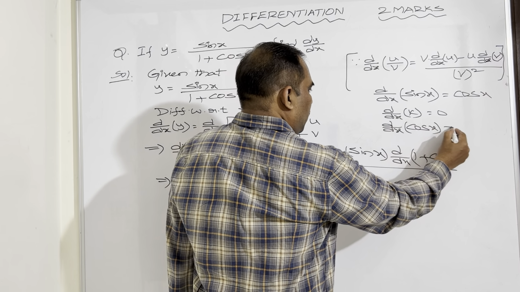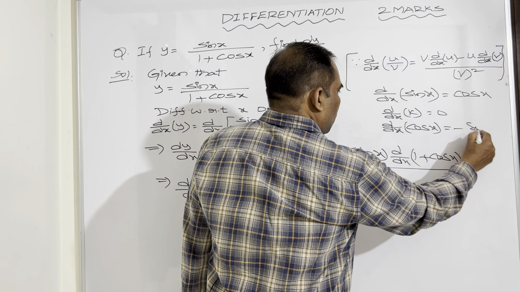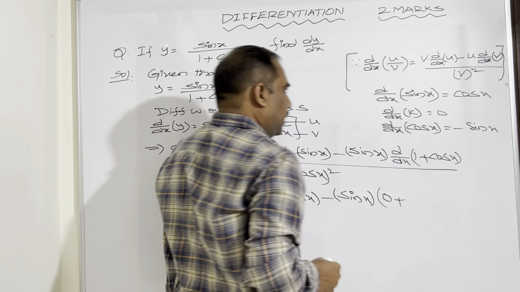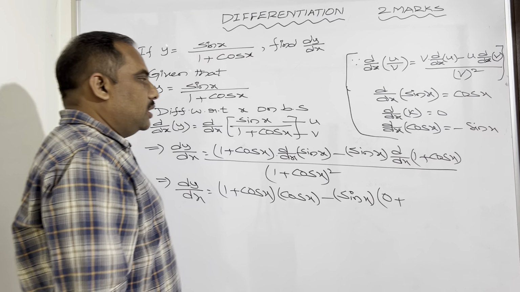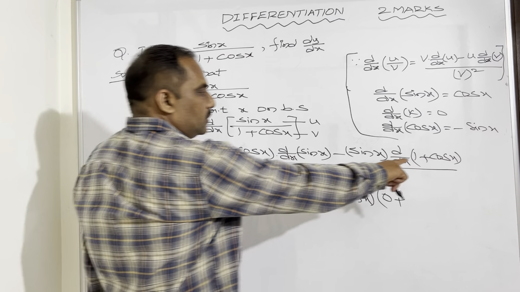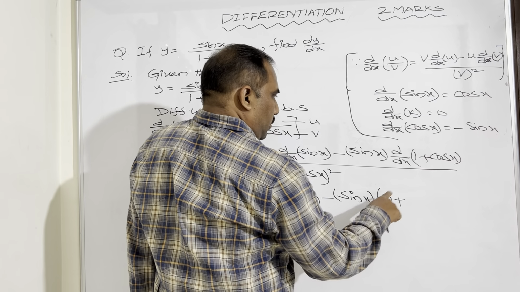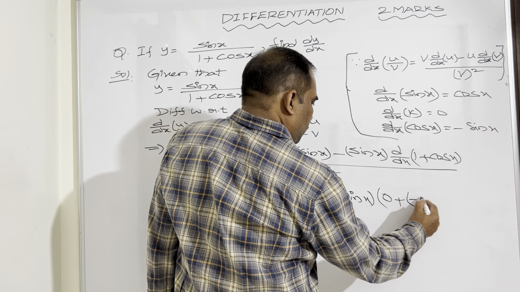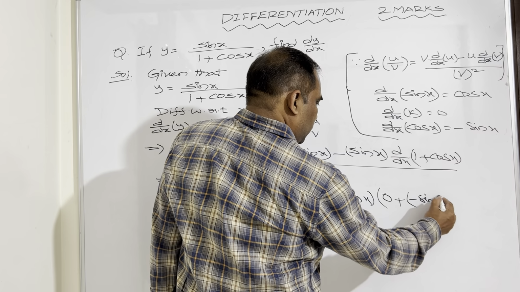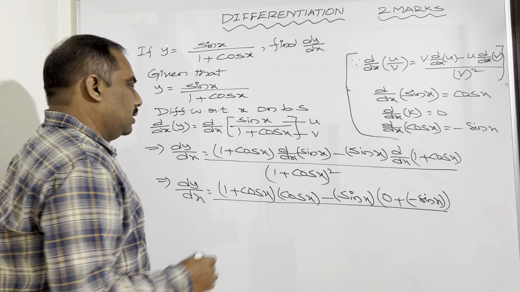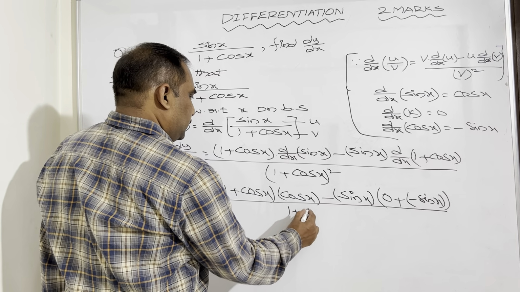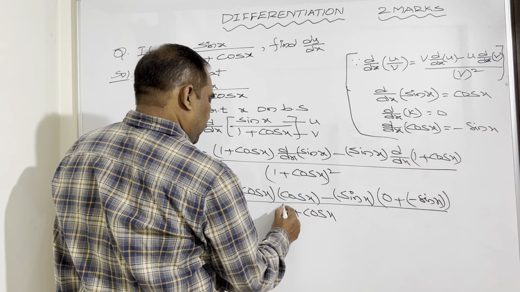The standard form of derivative of cos x is minus sin x. So this is the formula, right? So d by dx of 1 plus cos x, derivative of 1 is 0, derivative of cos x is minus sin x. Whole divided by 1 plus cos x whole square.